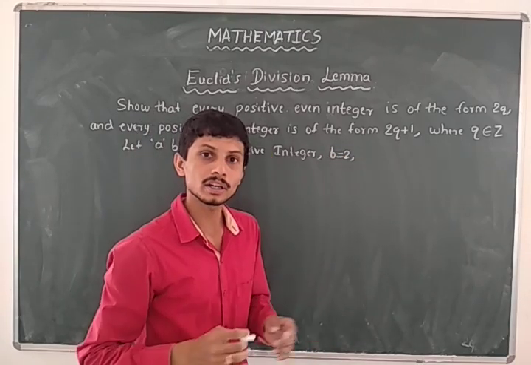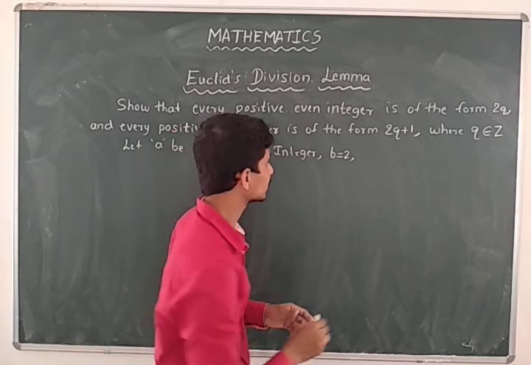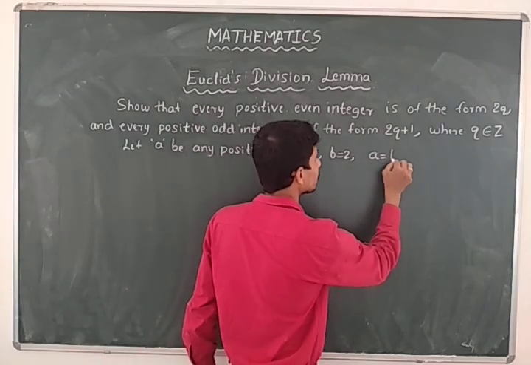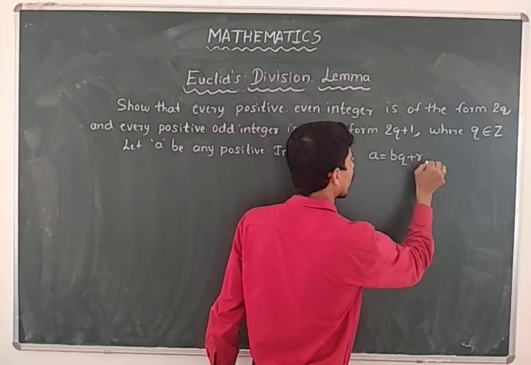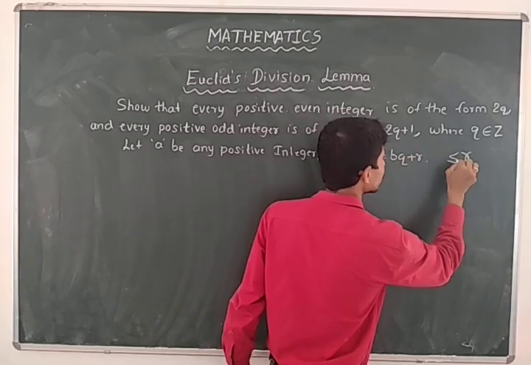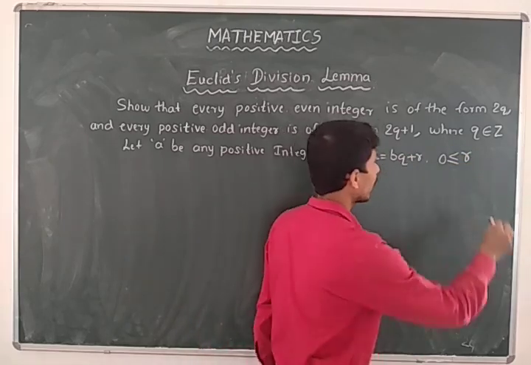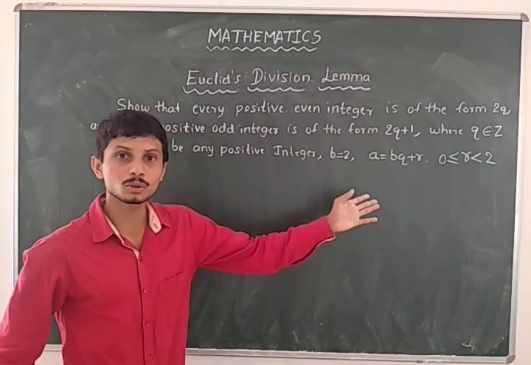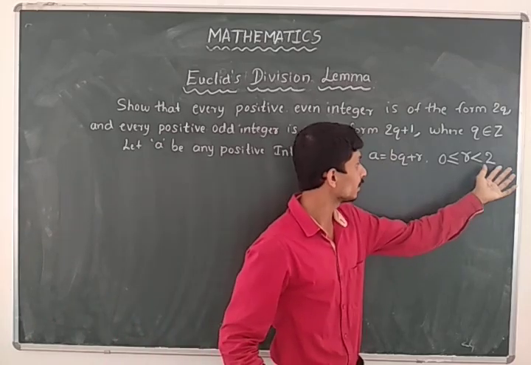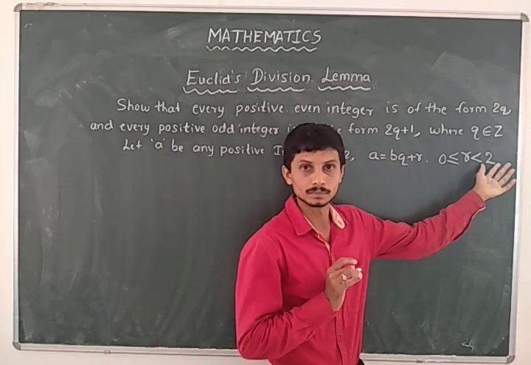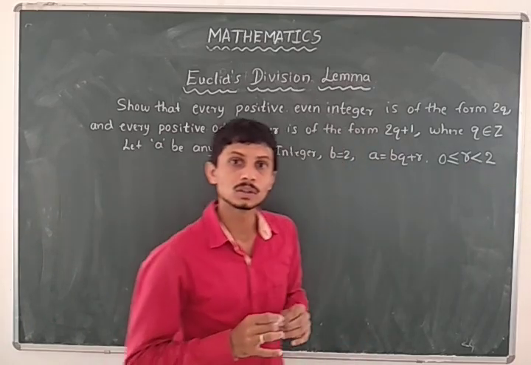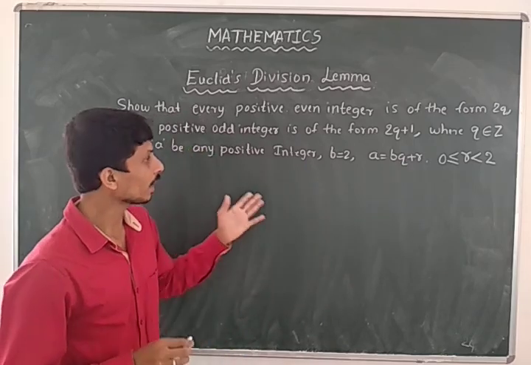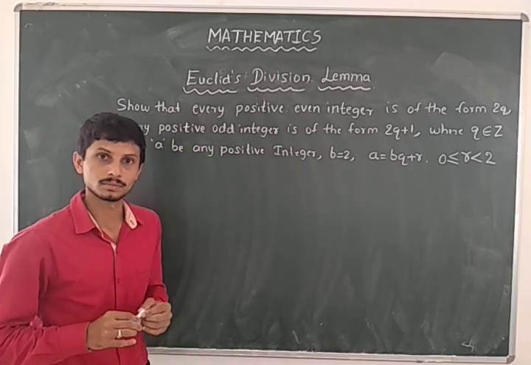Then according to Euclid's division lemma, a is equal to bq plus r, where r is greater than or equal to 0 and less than 2 here, because b is equal to 2. Instead of b I will write 2 here. I hope you understood this. So we have to move on further.